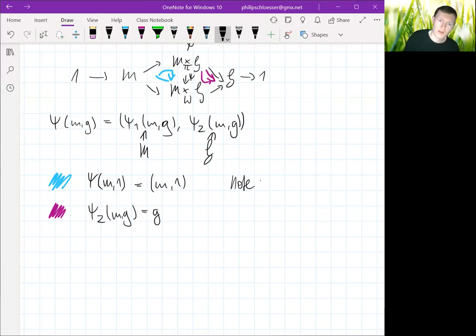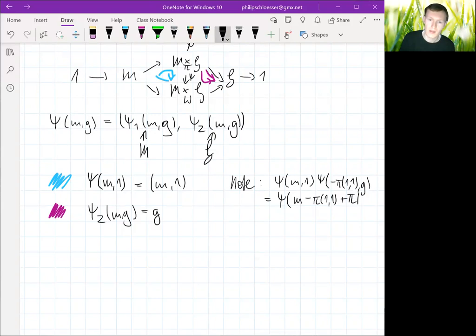So note that psi mg, that psi m1 times psi of minus pi 1 1 comma g, is by definition psi of m minus pi 1 1 plus pi 1 g and g. And from the identity that pi satisfies, it can be shown that pi 1 1 is equal to pi 1 g. So that's just 0, and we have psi mg.